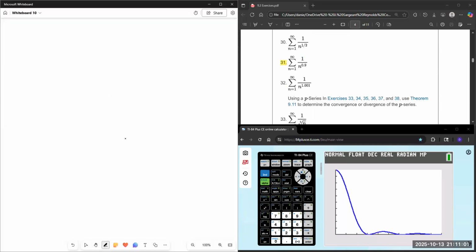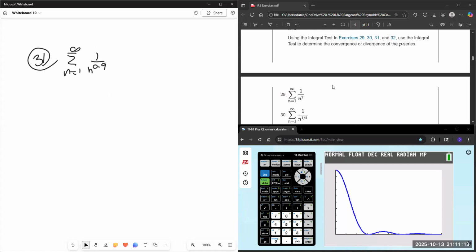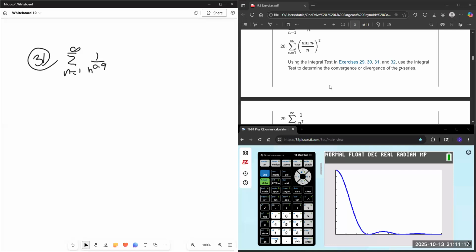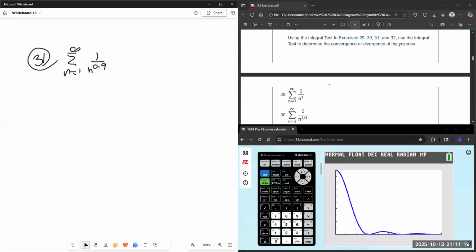Let's look at number 31. Summation from n equals 1 to infinity, 1 over n to the 0.9. And we're asked to use the integral test to determine the convergence or divergence of the p-series that's here.